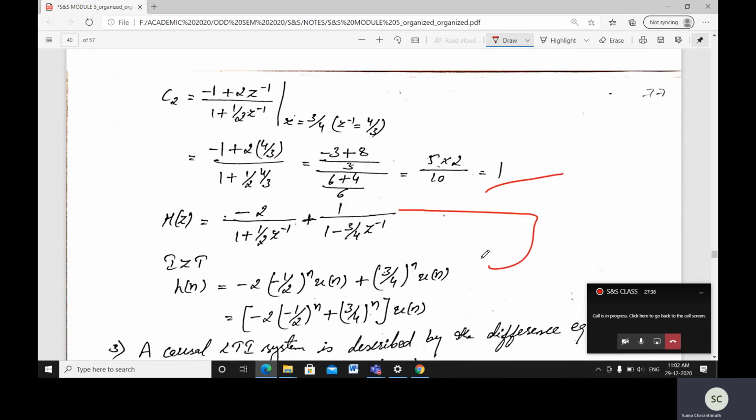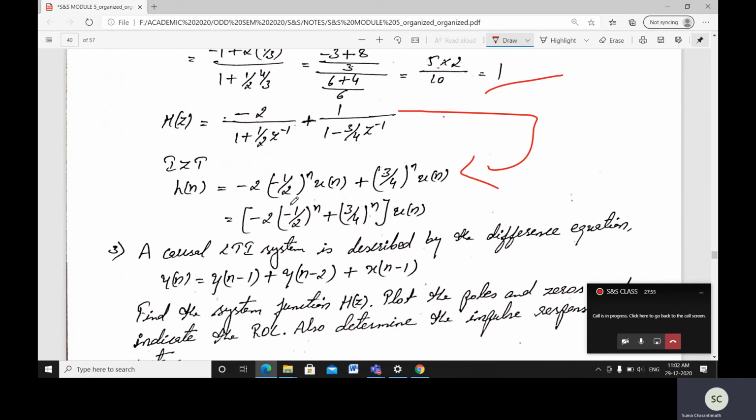Then taking the inverse Z transform, we get minus 2 times minus 1/2 to the power n u(n), plus 3/4 to the power n u(n). From both terms, I can take u(n) as common. The left out part is minus 2 times minus 1/2 to the power n plus 3/4 to the power n, into u(n).